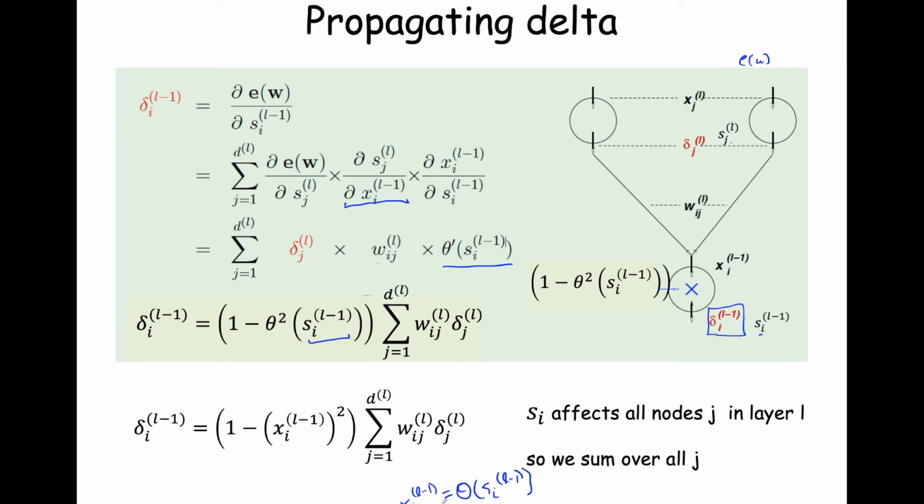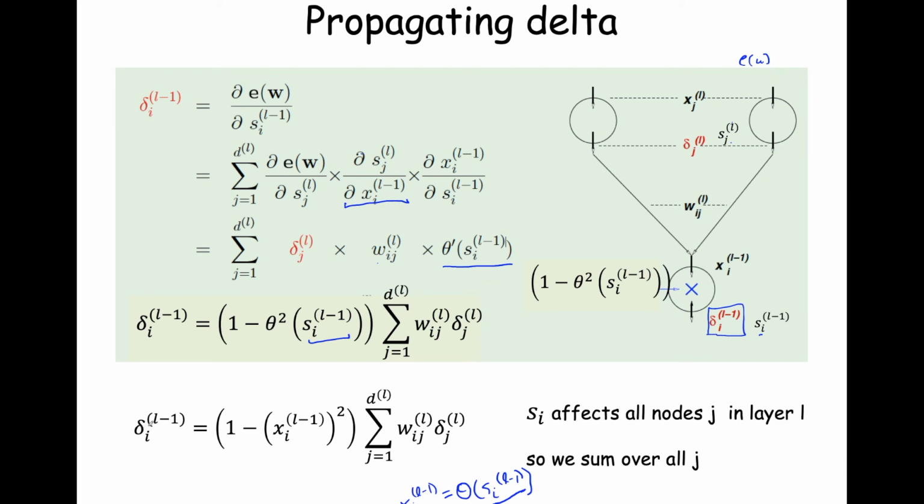This is just the result of evaluating this score through that nonlinearity, or theta, or tanh. So now this is our expression for delta, the partial of error at the output with respect to the score in node I in layer L minus 1.